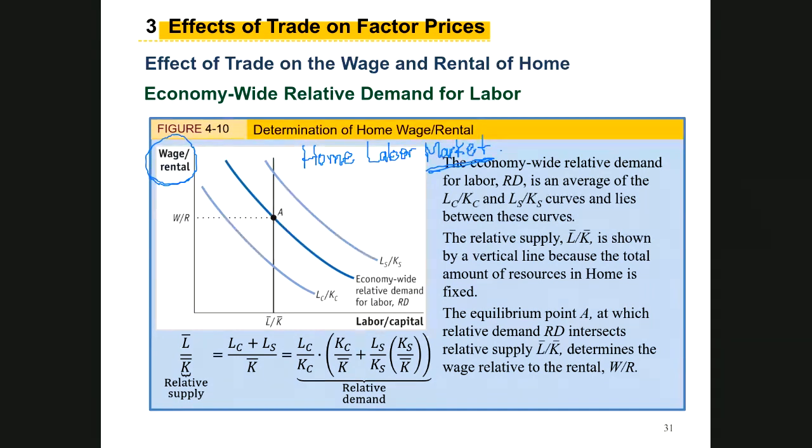So what's the price in the labor market? It means the wage of labor. And remember that in the trade model, everything is in relative terms. So the relative wage means the ratio between wage and rental on capital.